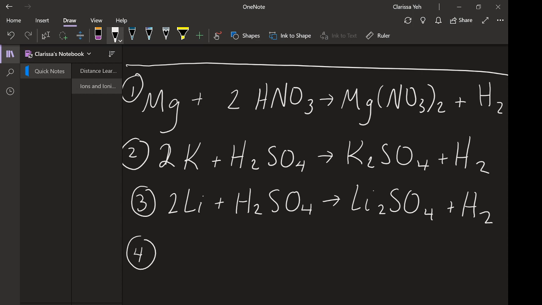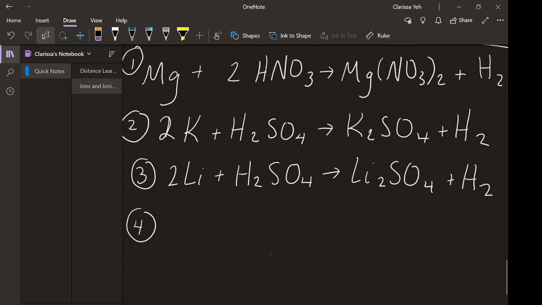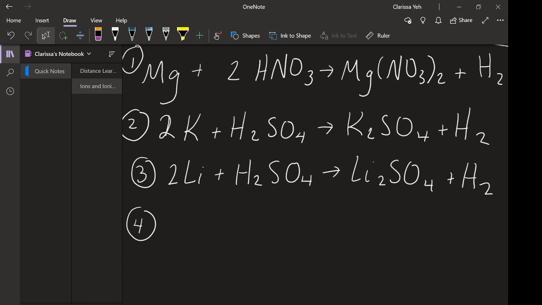Okay, so for those three, have a go at working those out. Remember, hydrogen forms 1 positive, nitrate forms 1 negative, sulfate forms 2 negative, and then potassium is in group 1, magnesium is in group 2. And then I'm just going to have to ignore my attempt to balance this last one.